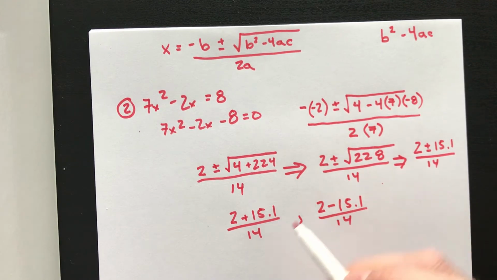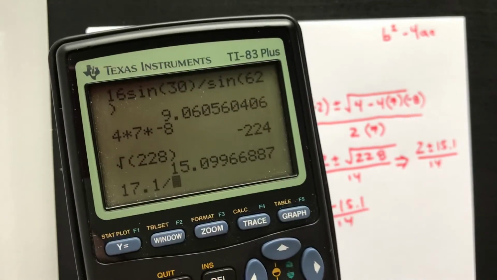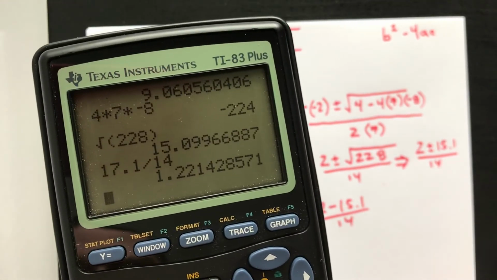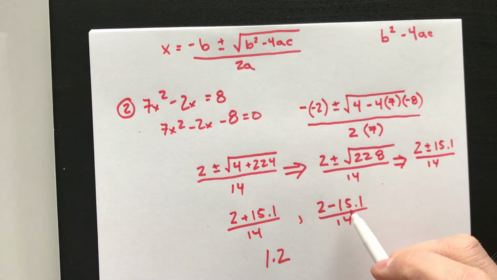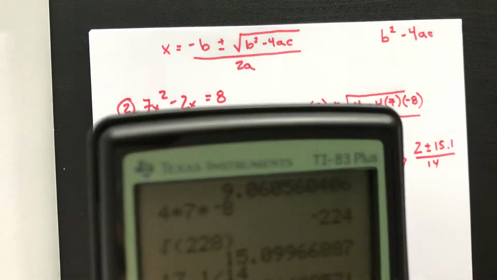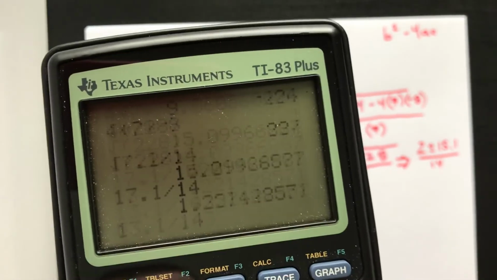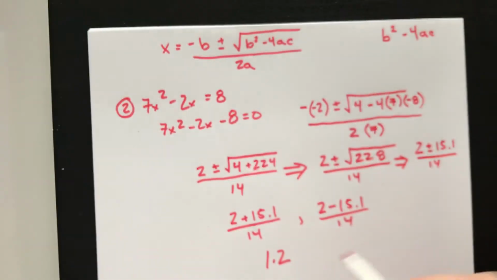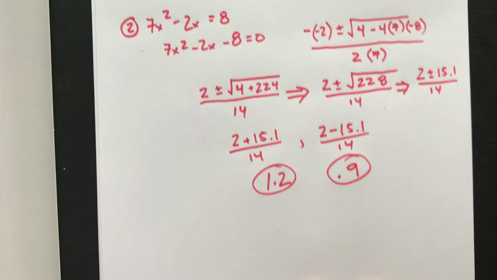All right? So this 2 plus 15.1 is going to be 17.1 divided by 14. So I got 1.2. And then this, all right, we get 13.1 divided by 14. So 0.9. All right, that works for me. So that's where I get my two answers using quadratic formula.